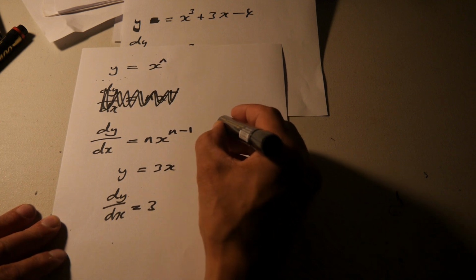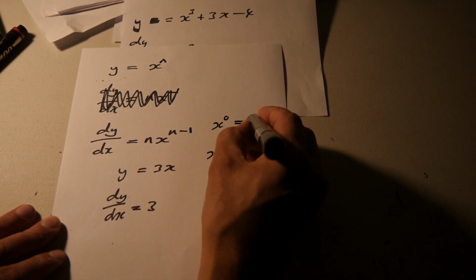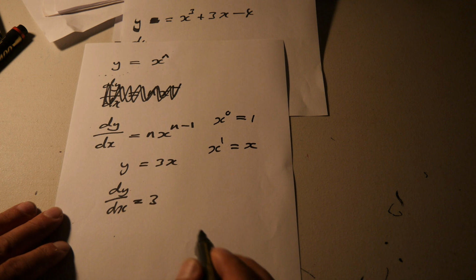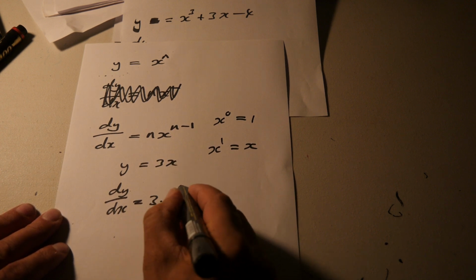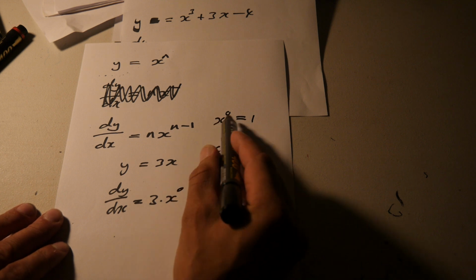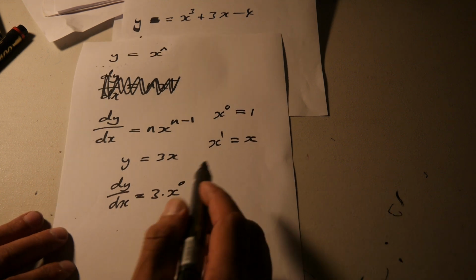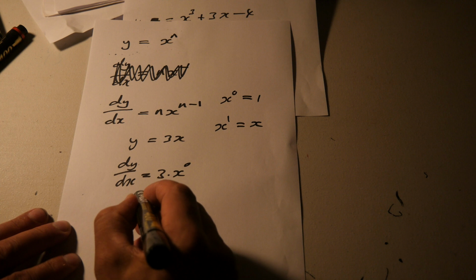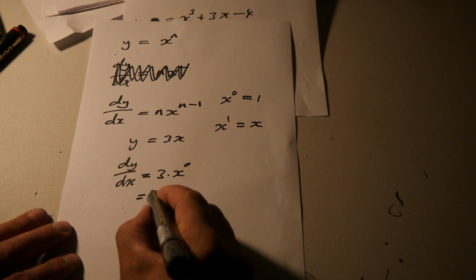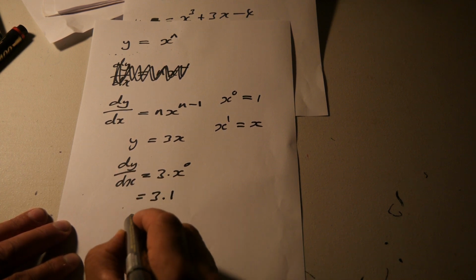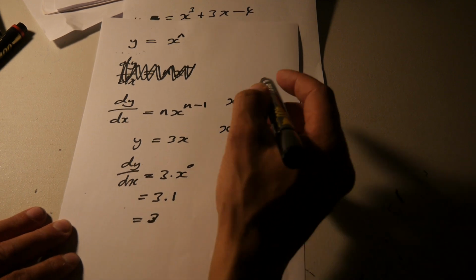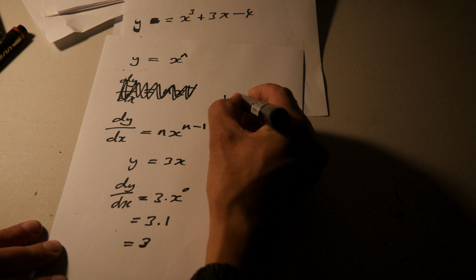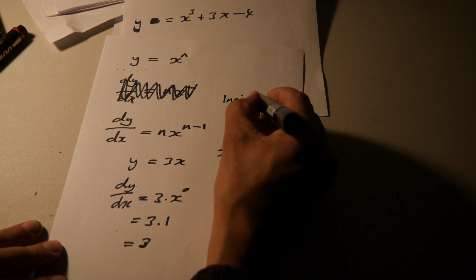You know, your Indices Rules, x to the power 0 equals 1, okay? So times x to the power of 0, okay? X to the power of 0 is 1, so that becomes equal to 3 times 1, which equals 3. Okay, follow that? These are the Indices Rules.